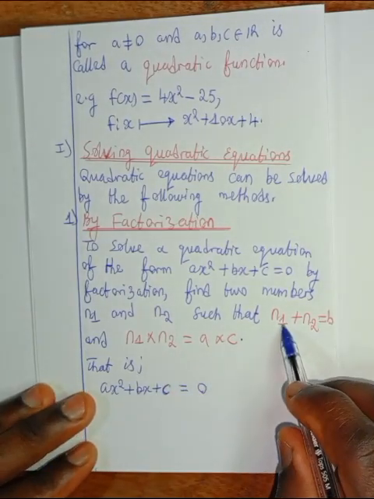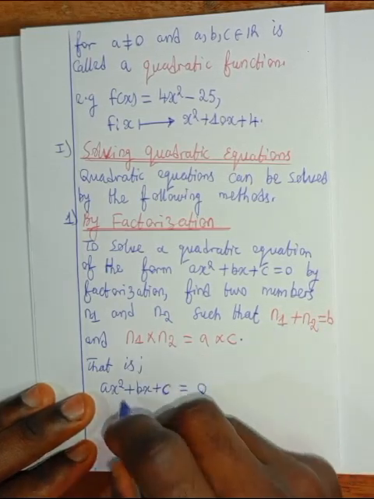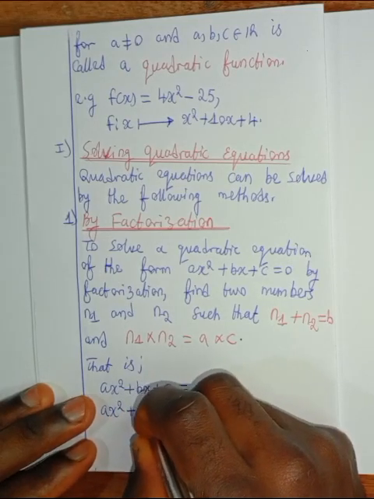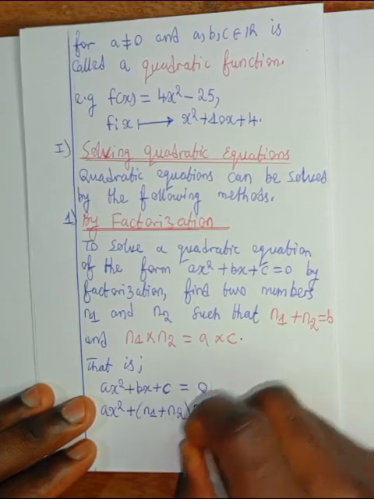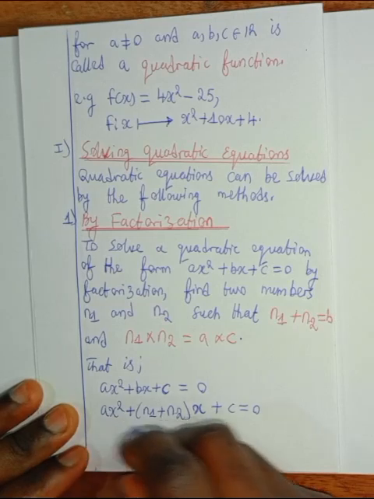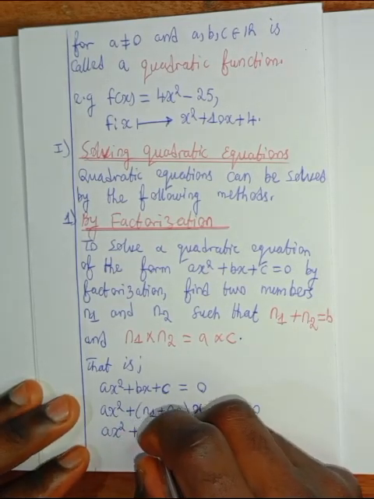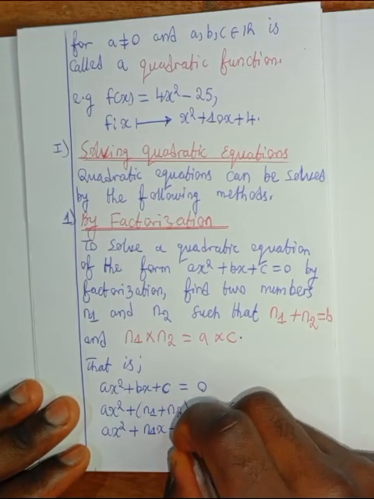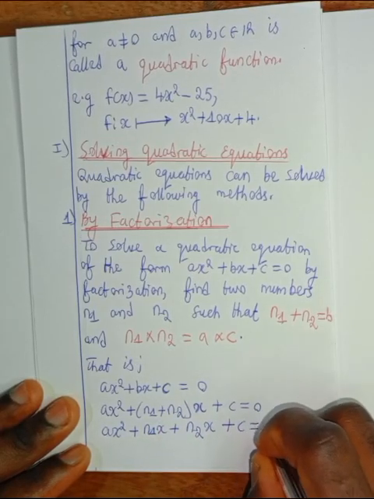After getting the two numbers n1 and n2 such that they verify these two conditions, the next step will be for us to replace b with n1 plus n2, times x plus c is equal to 0. The next step will be for us to expand this bracket. n1 times x will give us n1x plus n2x plus c is equal to 0.